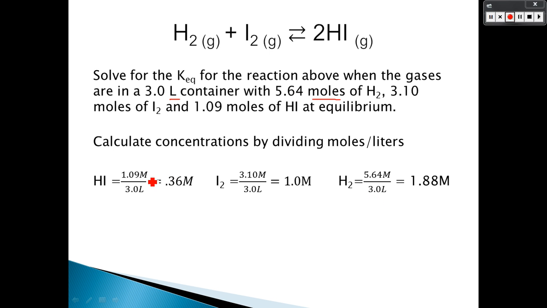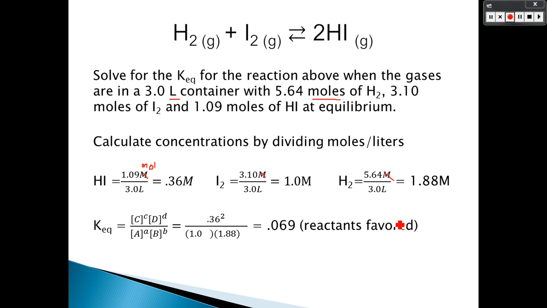Oh, these should actually all say moles, I'm noticing that now, not molar. So that should be mol, and that's actually all the way across. There we go, because then that makes molar solution. Now we have our concentrations, so we can plug them into our equation.